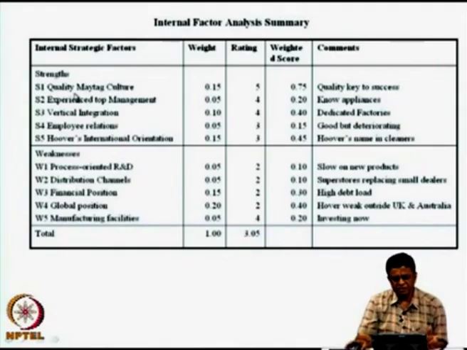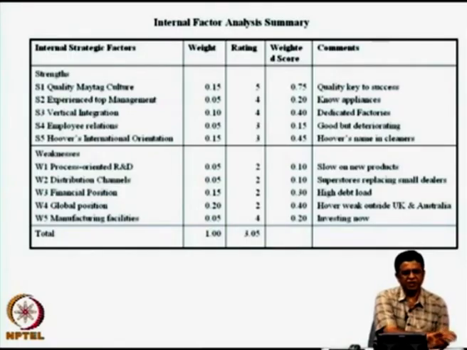Now, a well known consulting firm looked at the internal strategic factors of Maytag and came out with this internal factor analysis summary, which I am presenting to you.